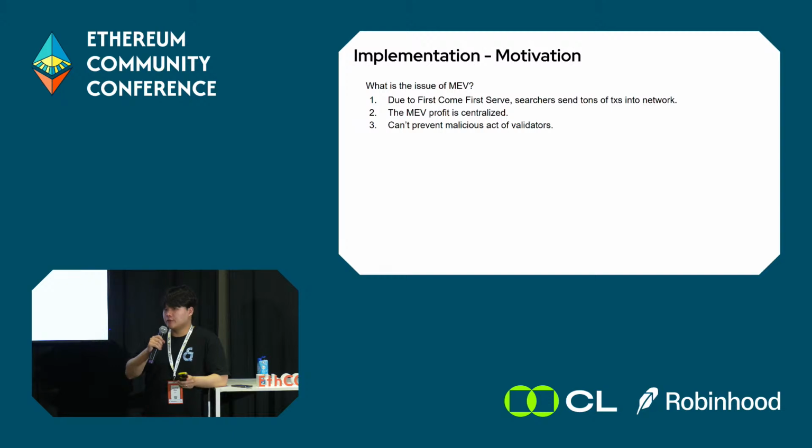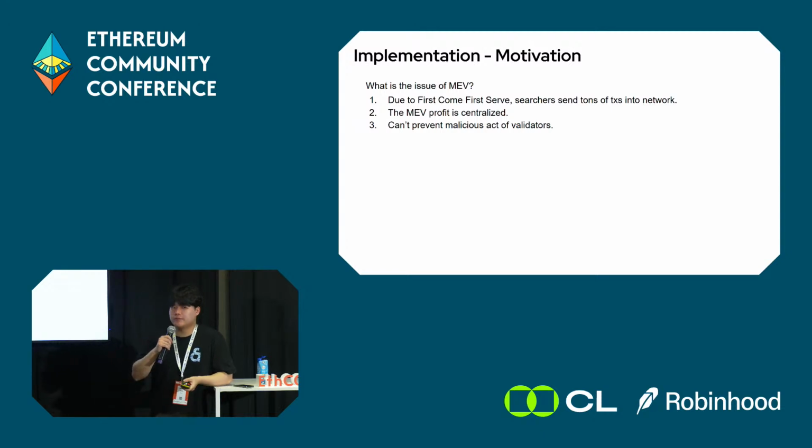So the issue of MEV from the perspective of layer 1 blockchain engineers, since Kaia is a layer 1 blockchain: if transactions have the same gas price, it's first come first served, and the searcher will send tons of transactions to increase the chance of inclusion, because it's FCFS.